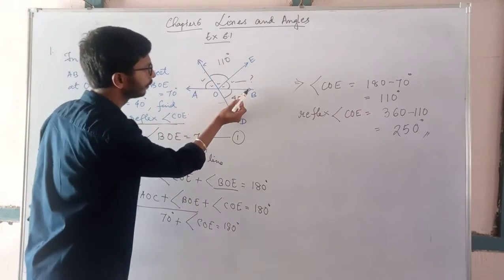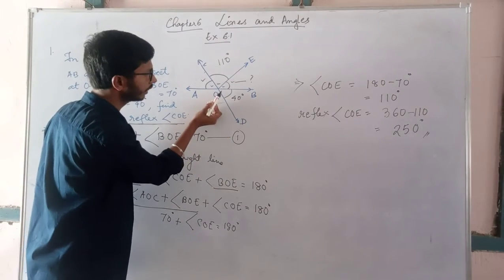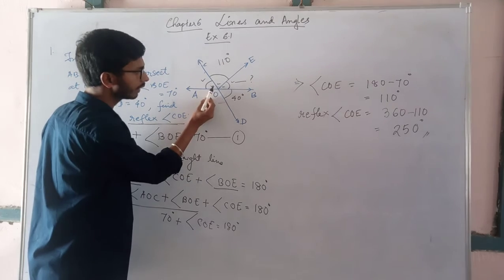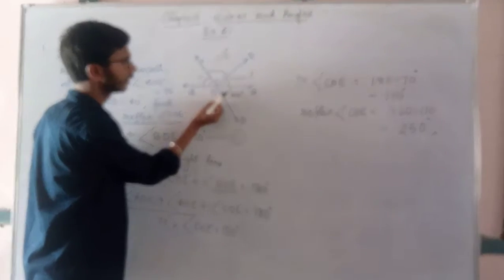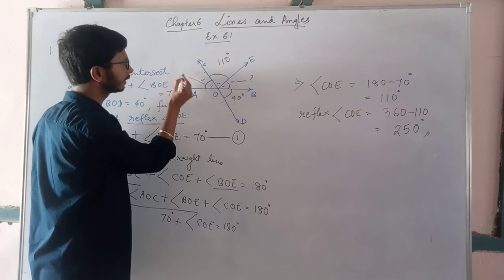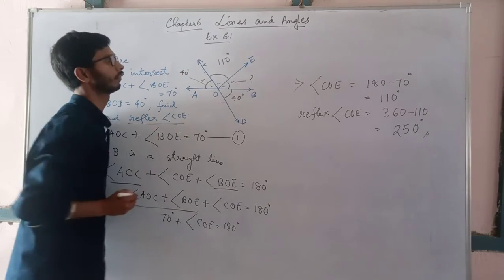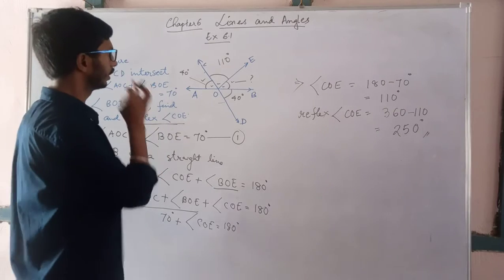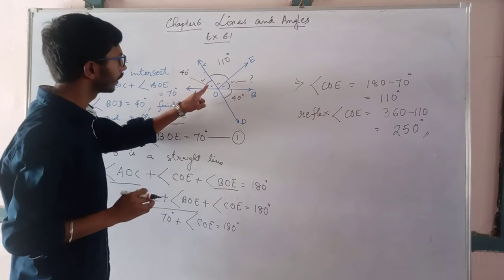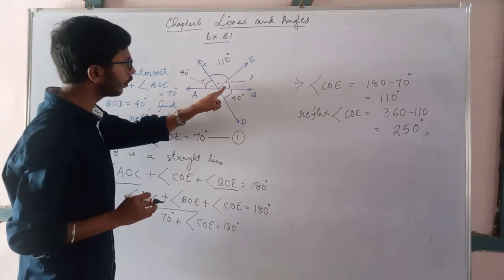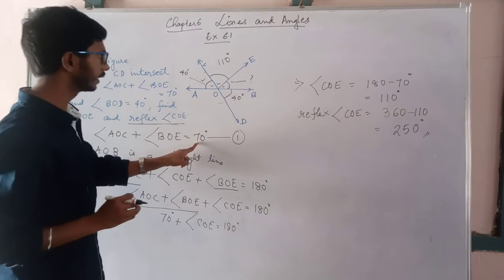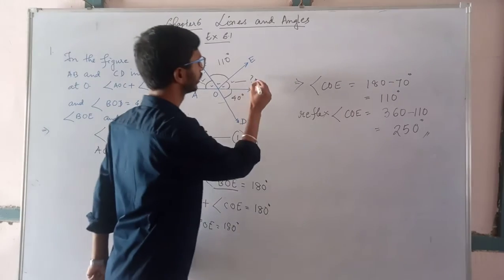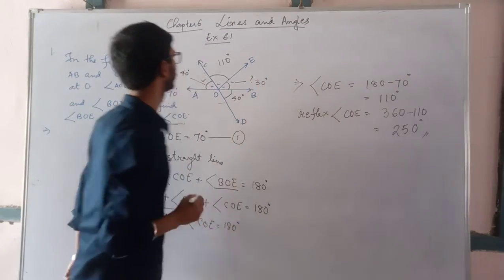Now see, BOD is 40 degree. Now these two angles are equal. The reason is they are vertically opposite angles. So if this is 40, this is also how much? 40 degree. Now you see here, it is given in the question, the sum of these two angles is how much? 70. So if this is 40, this will be how much? This will be our 30 degree.